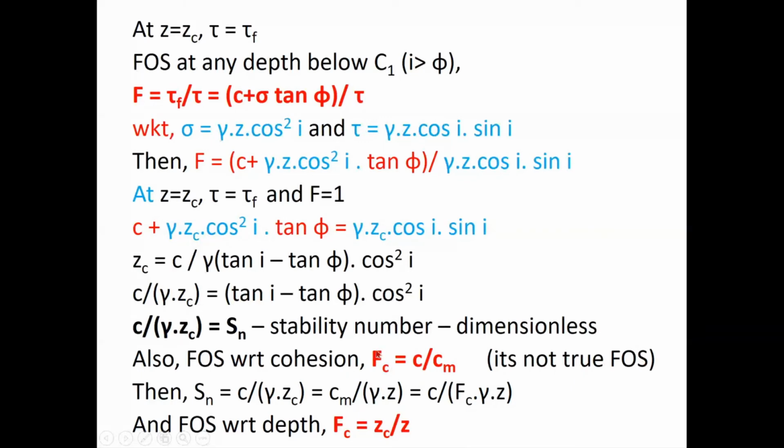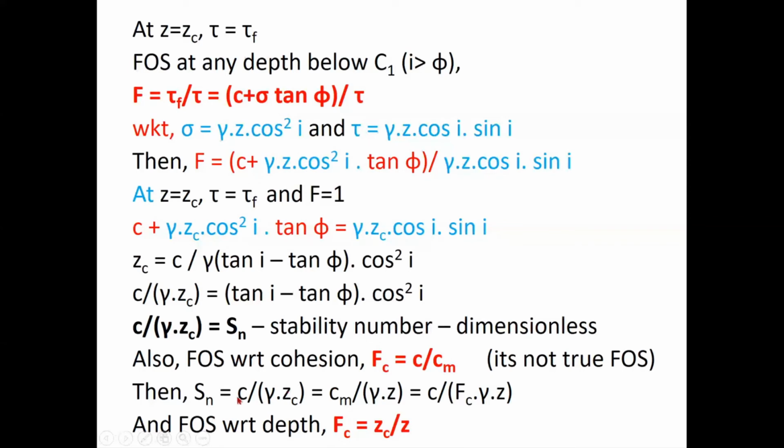Okay. So now stability number Sn is equal to, we know the equation, it is c by gamma into zc. I want you to derive this again with me. So c by gamma into zc I know. So when it is in equilibrium, it will be equal to cm by gamma into z, right? Correct? When it is in equilibrium, the c will be equal to cm. That is, the mobilized cohesion in the soil will be equal to the maximum cohesion.